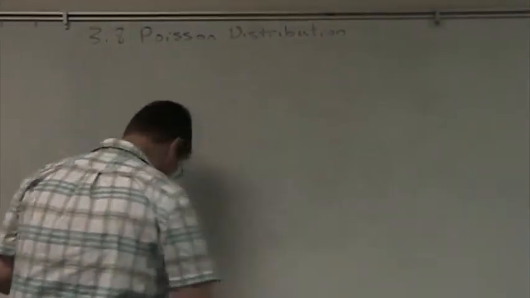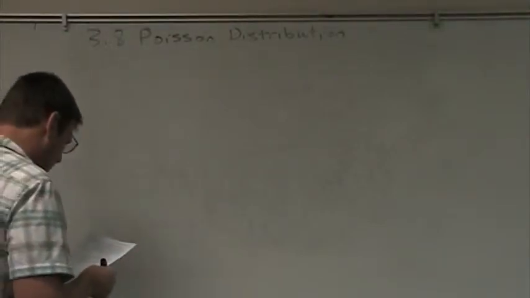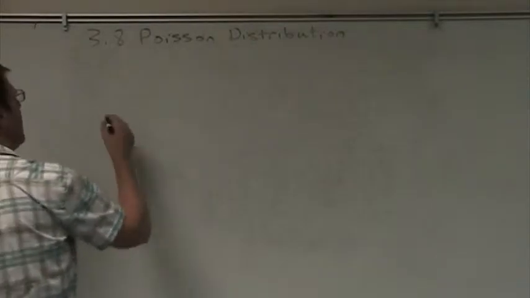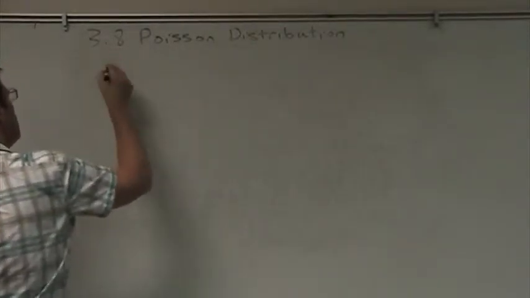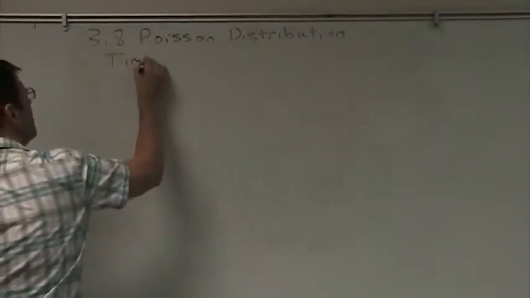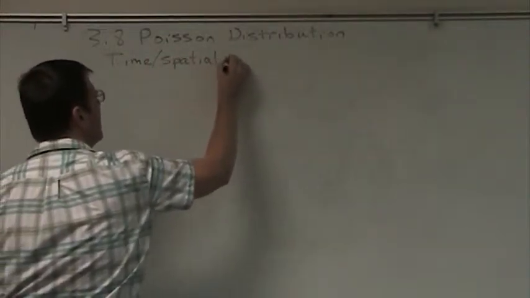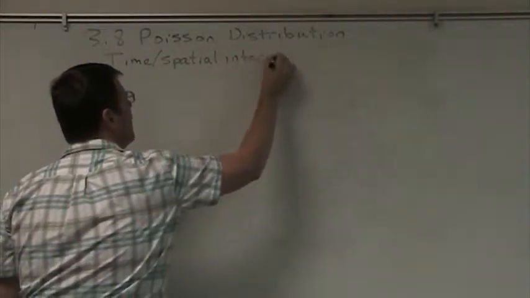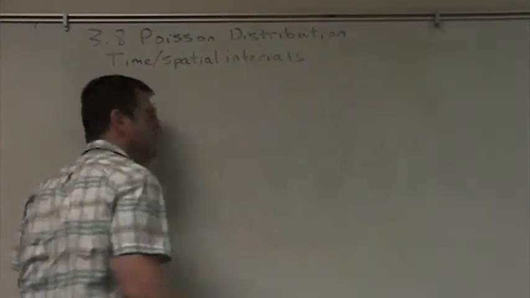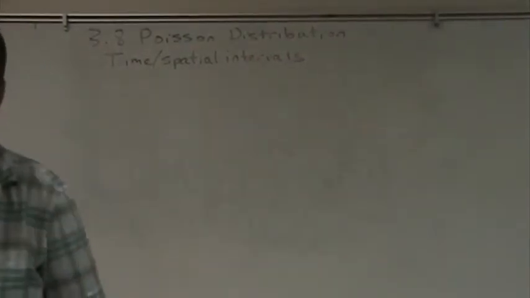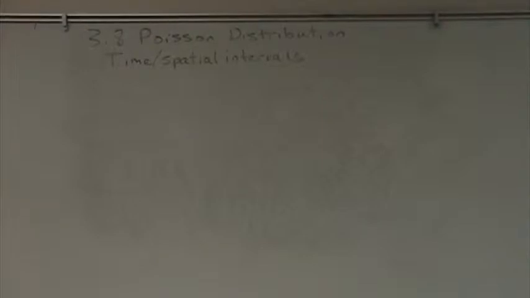As far as the Poisson distribution is concerned, the basic idea is that we're working with, for the most part, time or spatial intervals. It doesn't have to be that way, and you'll see some examples where they aren't, but these are the most common types of examples.